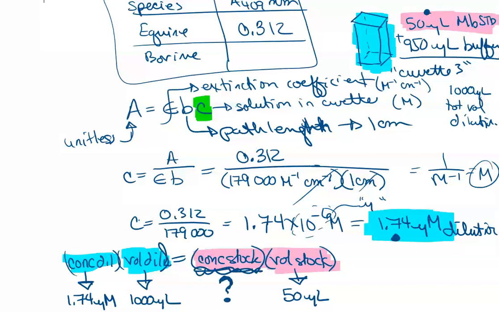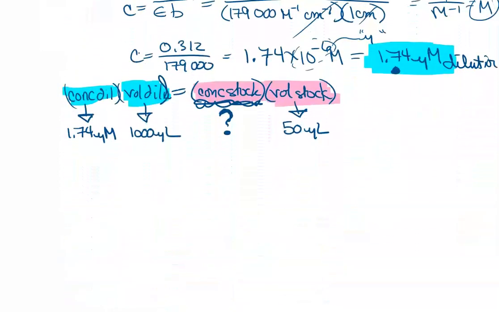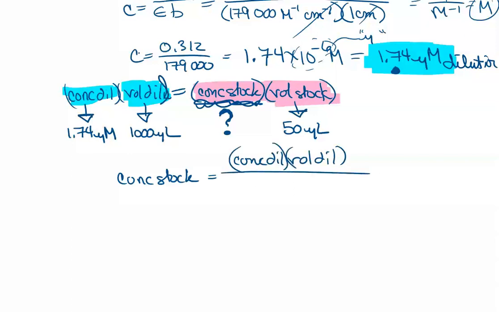So if we do that setup, we have the concentration of the stock is equal to the concentration of the dilution times the volume of the dilution divided by the volume of the stock.